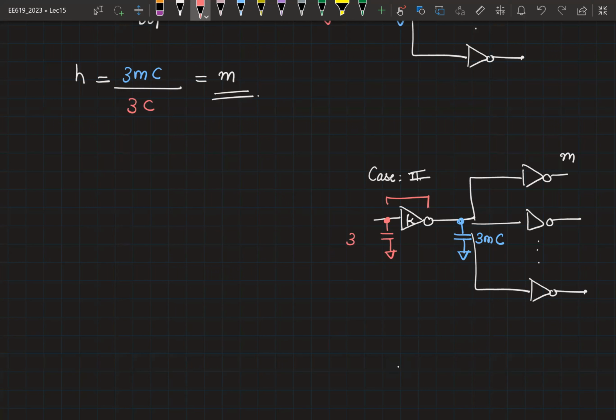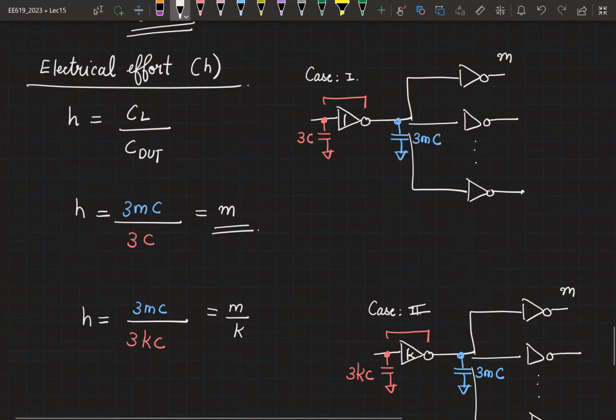This becomes 3KC. What happens to the total load? It doesn't change. So the value of h, which is a ratio of two values, is now 3MC divided by 3KC. So this gives you M by K. So is the calculation of electrical effort clear? Okay. So then we can move on to the logical effort.